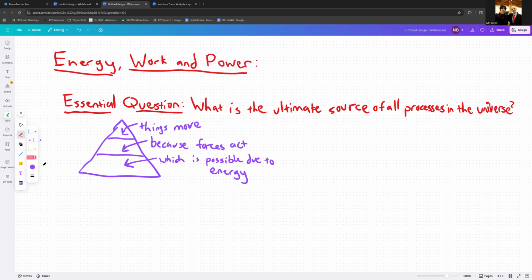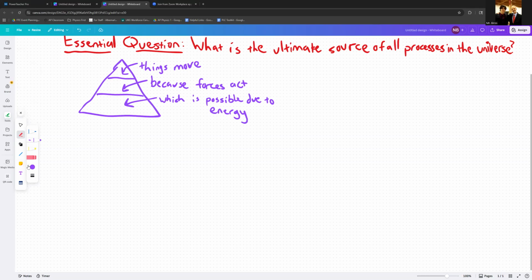In order for you to push or pull something, and we'll talk about this with the definition as well, you need to have energy so that you can exert forces. And it's no different for everything else within the universe. Energy needs to be there so that forces can act. And then as a result of forces acting, there can be those changes in motion that we observe for objects.